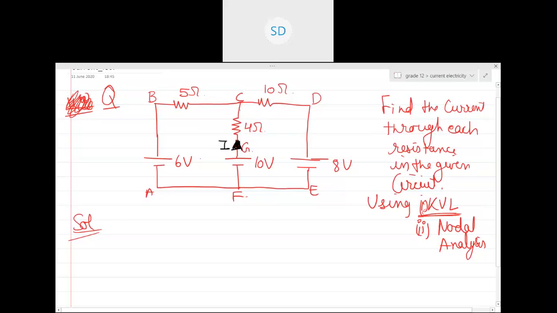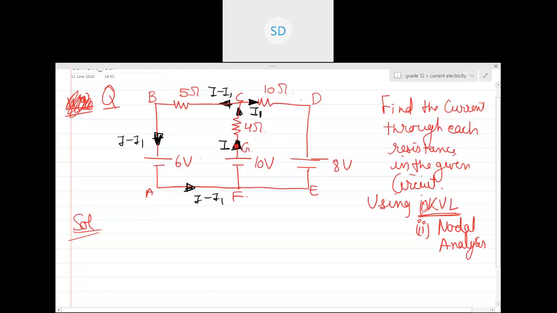So this current I goes over here, passes through this 4 ohm resistor, and then it breaks into two parts, right? Let's say this is I1. Then this will be I minus I1. This I minus I1 current will pass through this 5 ohm resistor, through this 6 volt battery, and come back here.